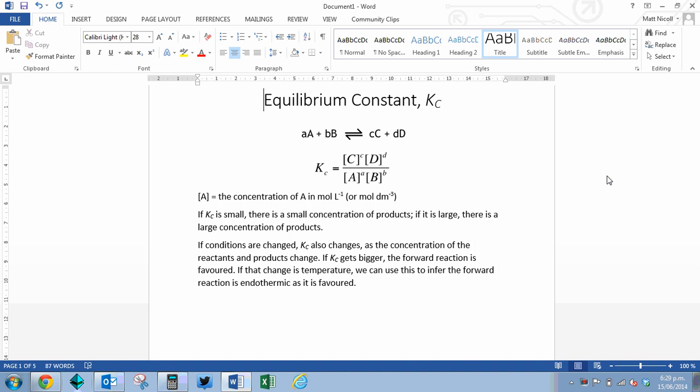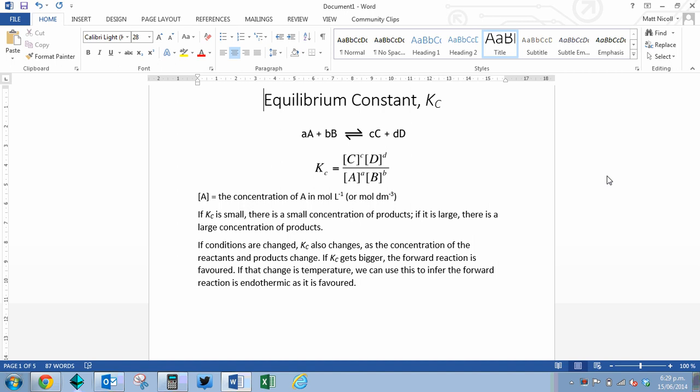There are different types of K expressions and you'll meet those next year. So we go the products to the power of how many moles there are over the reactants to the power of how many moles of those are in a balanced equation.